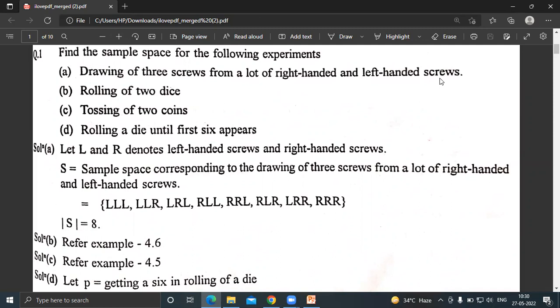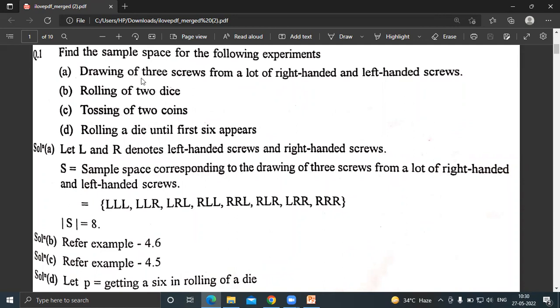In my previous video, I discussed sample space. So what is sample space? Sample space means if we write all outcomes in a set, that is called sample space. And what are outcomes? Outcomes means the experiment's outputs.